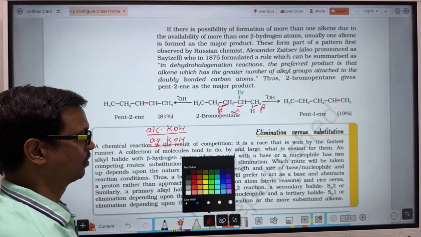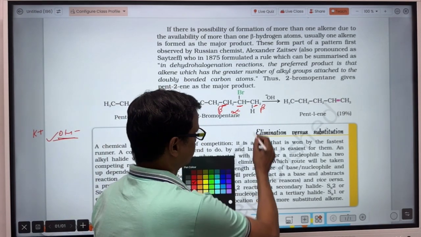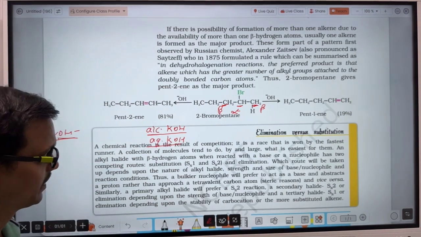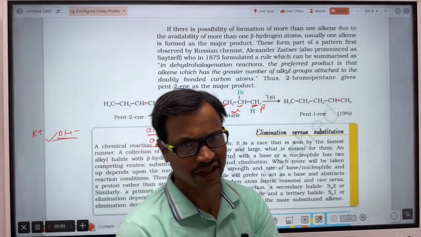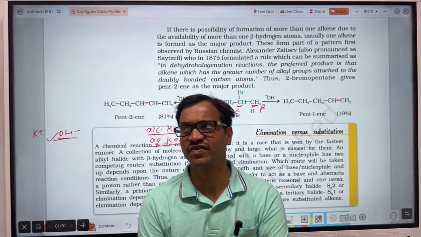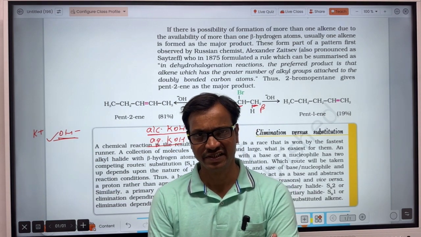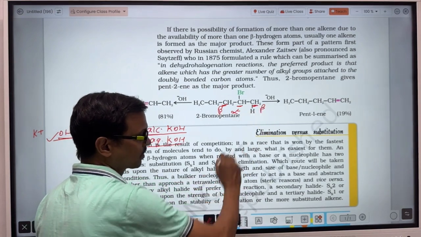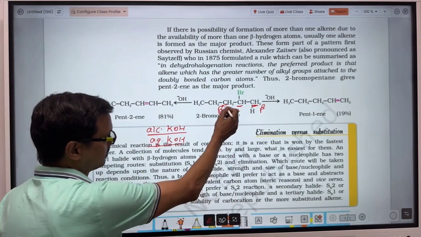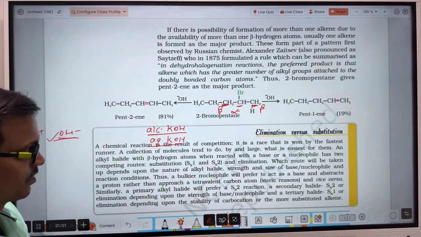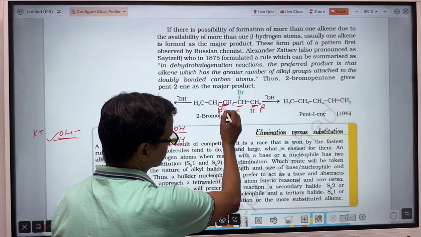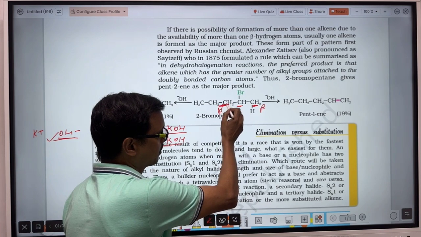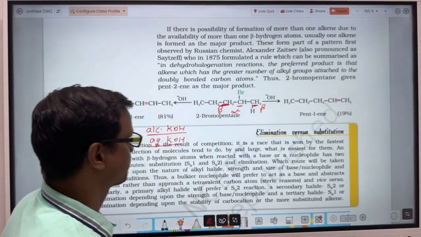During elimination reaction, the hydrogen is removed from the carbon which contains fewer hydrogens. Here, this beta carbon has 3 hydrogens and this one has 2. So the elimination that takes place from this hydrogen, removed from here, gives the major product.